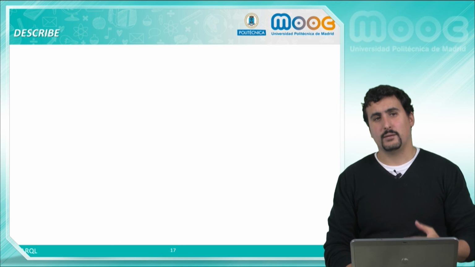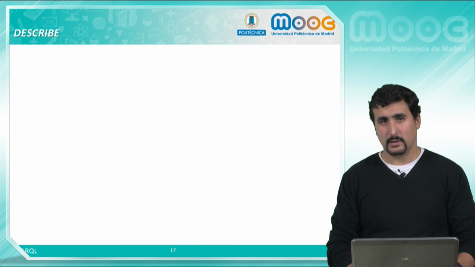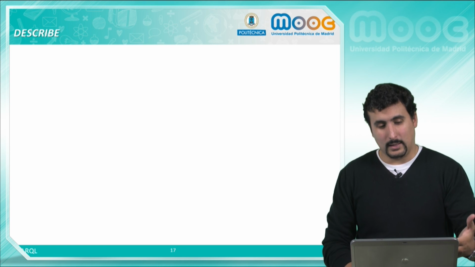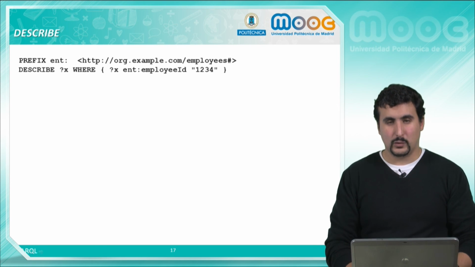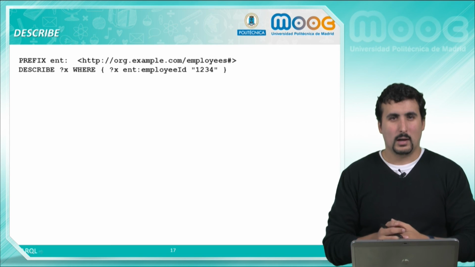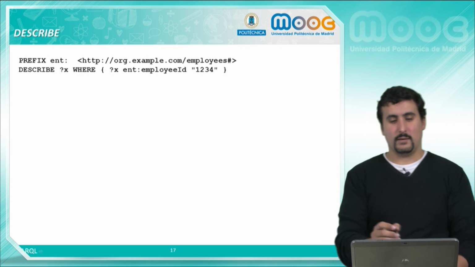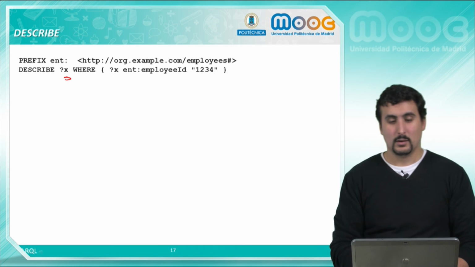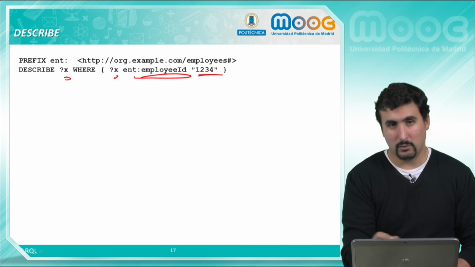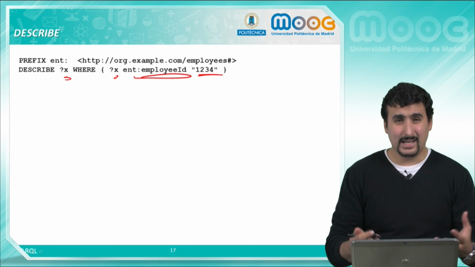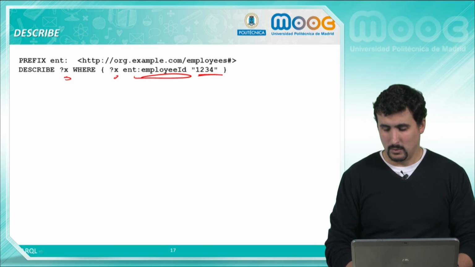And finally, we have DESCRIBE, which is a constructor that allows us to describe a resource, to describe the triples that are around a resource. For example, if we want to describe an individual X, where that individual has an employee ID 1234, that is, we are asking for any employee that has that ID.